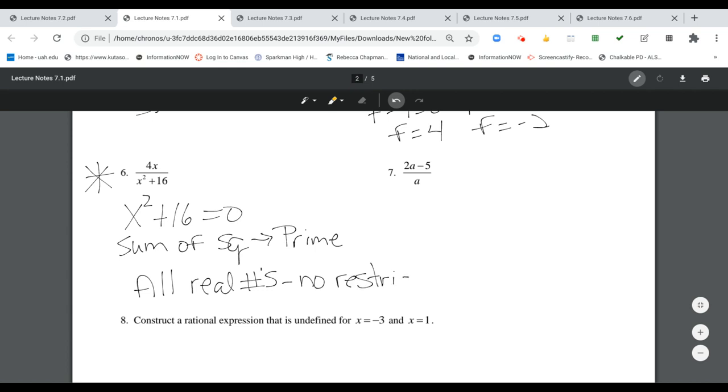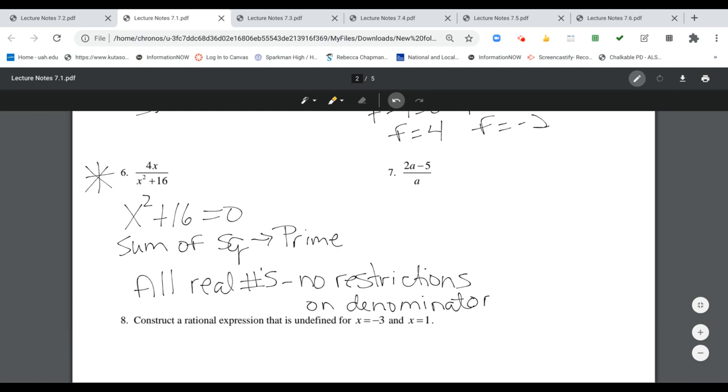You can use any number that you want. And your denominator for number 6 will never equal 0. So you can try it. Any number you want, square it, add it to 16, you're not going to get a 0.